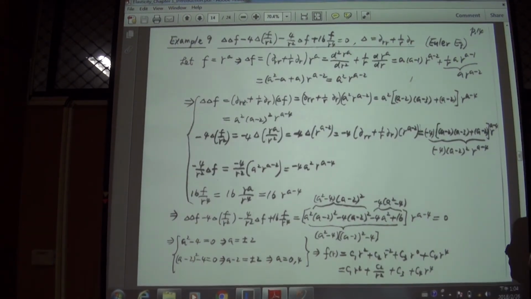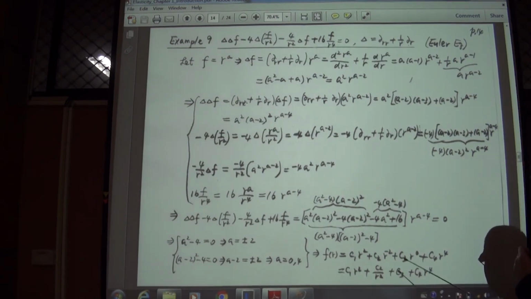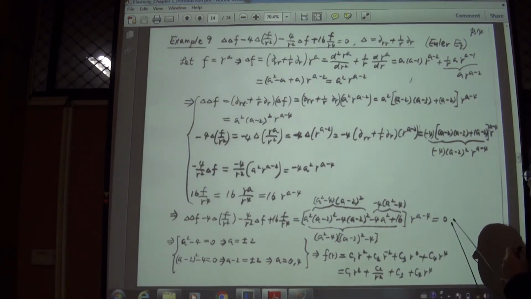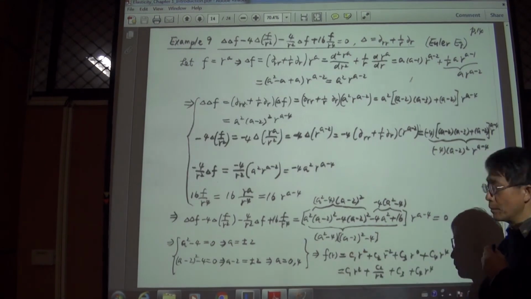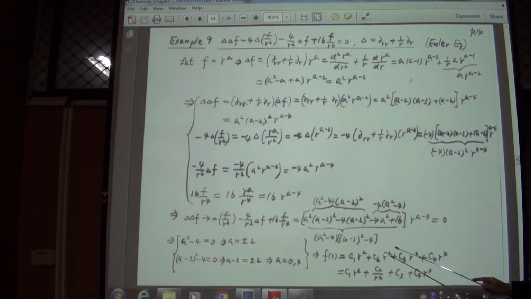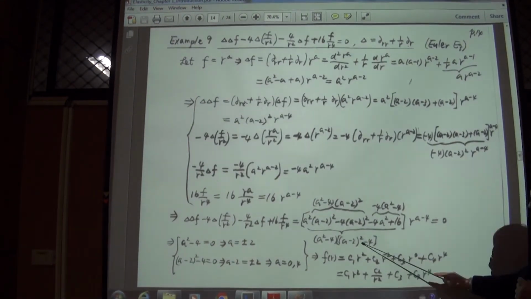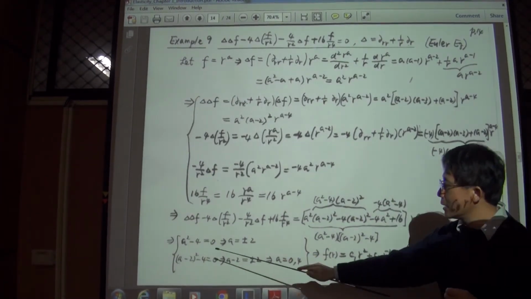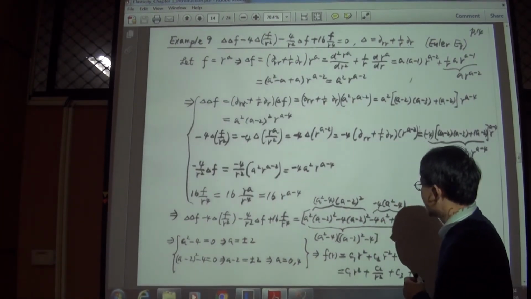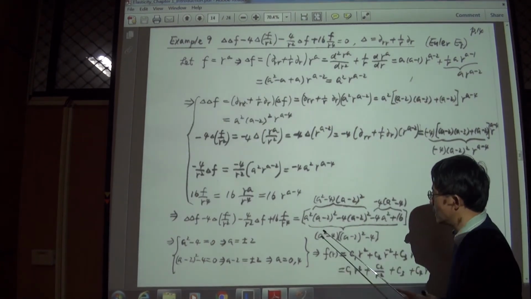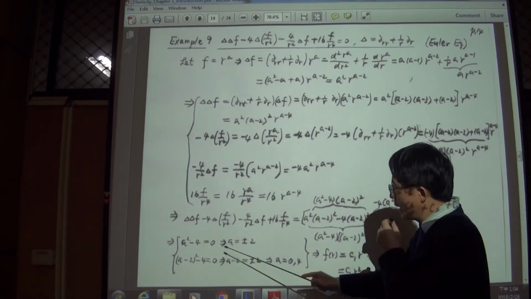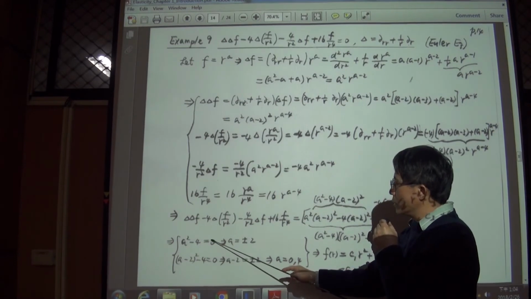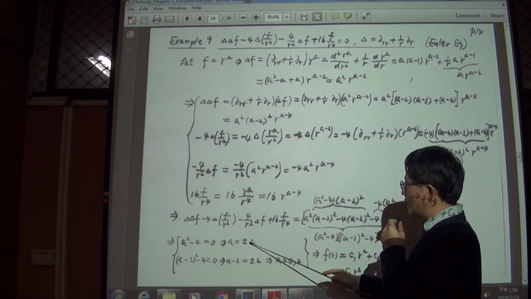So finally, we know that this whole thing equals 0 because this is the equation. This is not equal to 0, so this equals 0 and this equals 0. When this equals 0 it is like this, and when this equals 0 it is like this. A squared minus 4 equals 0, so a equals plus or minus 2.